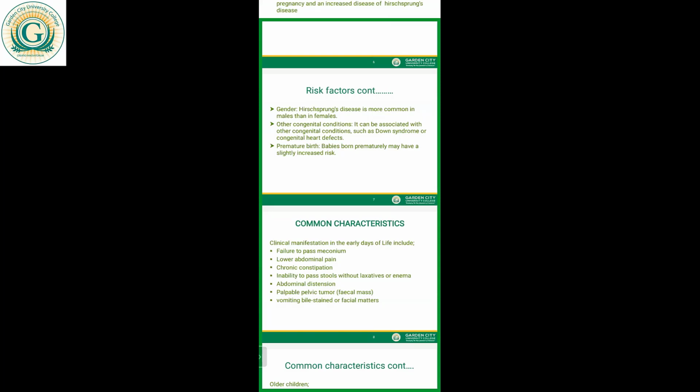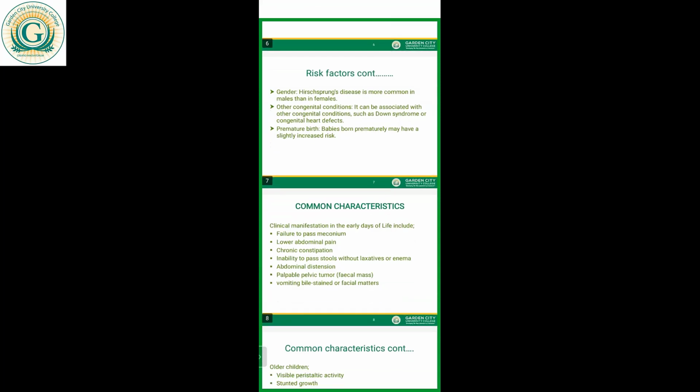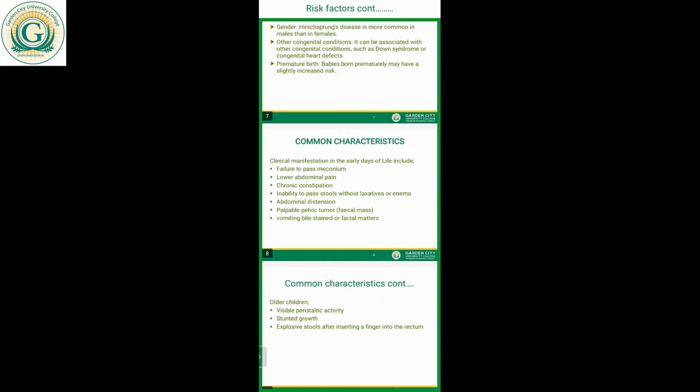We move on to the clinical manifestations, or the common characteristics that you may see. This is grouped in two: the newborn or infant, and then older children. The first one is failure to pass meconium.